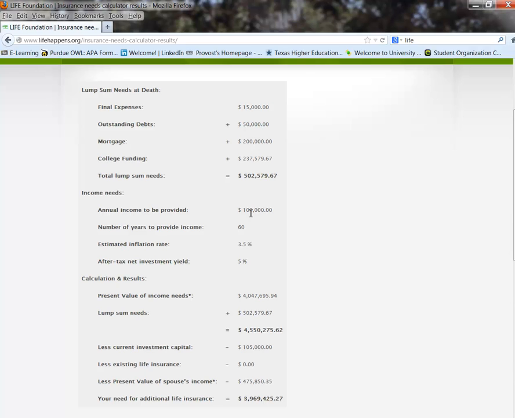But remember, when somebody dies, that money is going to be invested. So if you remember back to our time value of money, we find the present value of the income needs. We take 60 times 100,000 and discount that back, and we get the present value of income needs of $4,047,695.